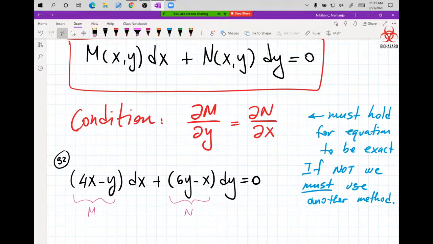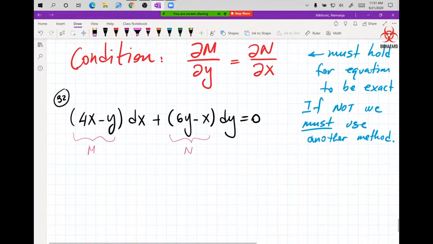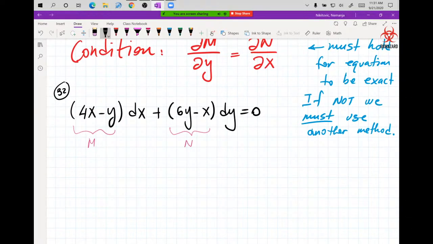And what you do is you take the partial derivatives in respect to y for M and in respect to x for N and check if those two are equal. If they are, we can go and solve the problem. So I have my M, which means I need to find partial M, partial y. And that's going to be -1.